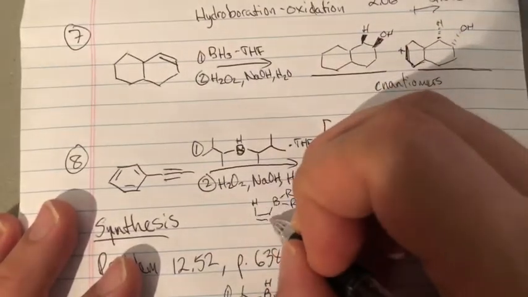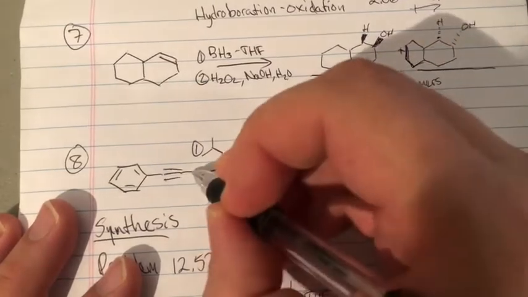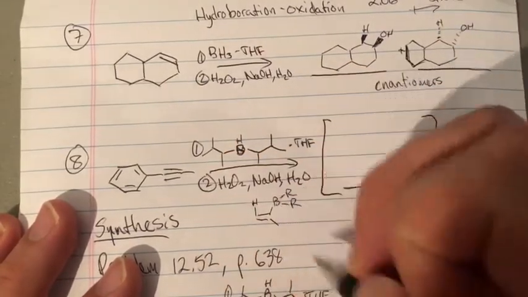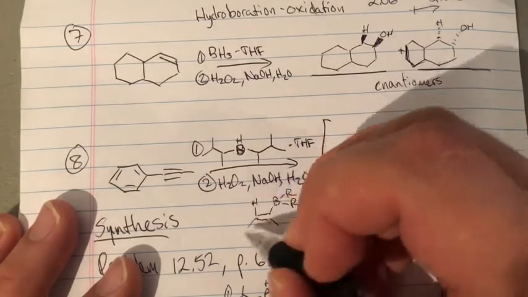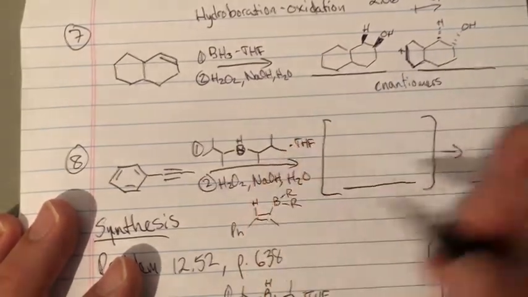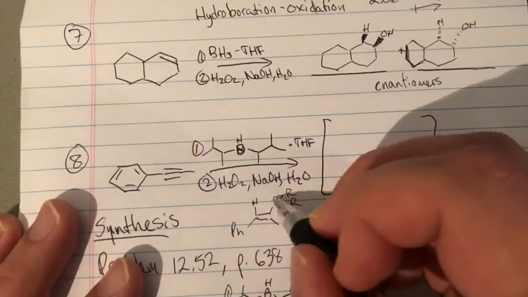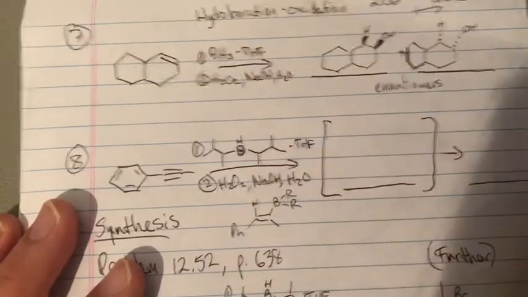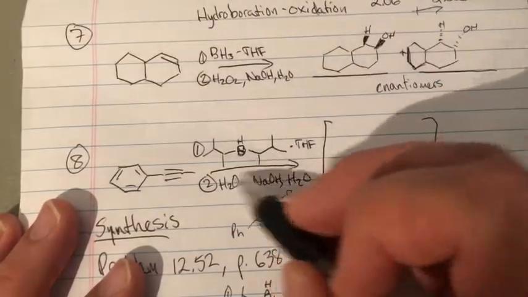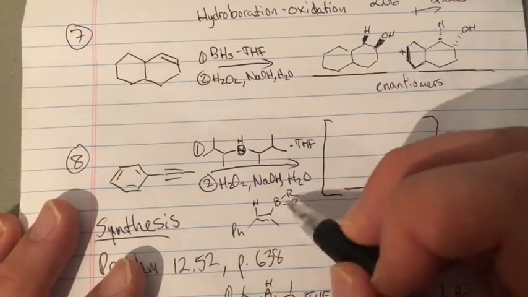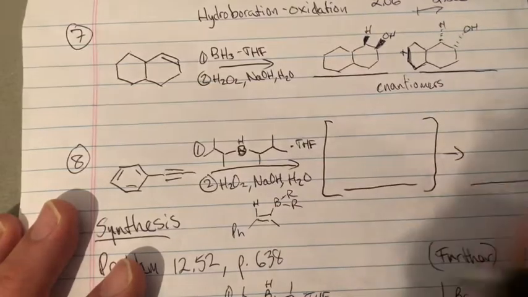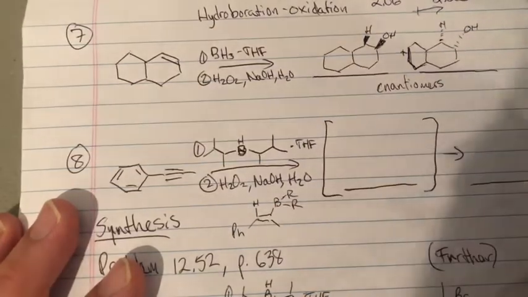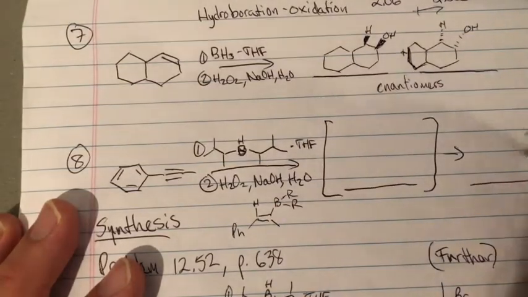Okay, so now we have that methyl group that's terminal on the right, closest to where the boron group is. And then we have this phenyl, again, kind of cis to where everything is. This is going to be syn addition. These oxidative species are going to basically supplant this substituted boro group.